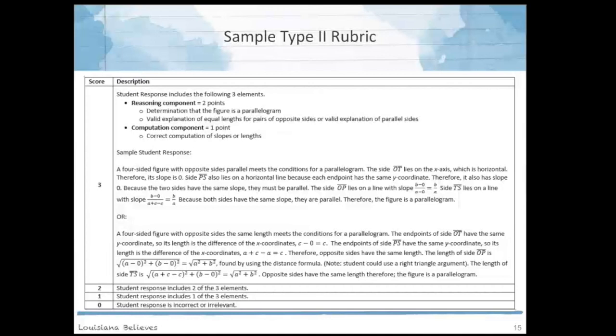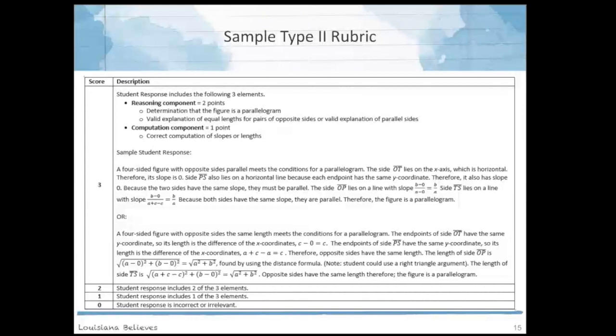And so here's a sample type 2 task. Students would use the figure and determine if it's a parallelogram and explain why or why not using the coordinates to justify their answer. And a rubric for this looks like this, where it shows 2 points for reasoning.